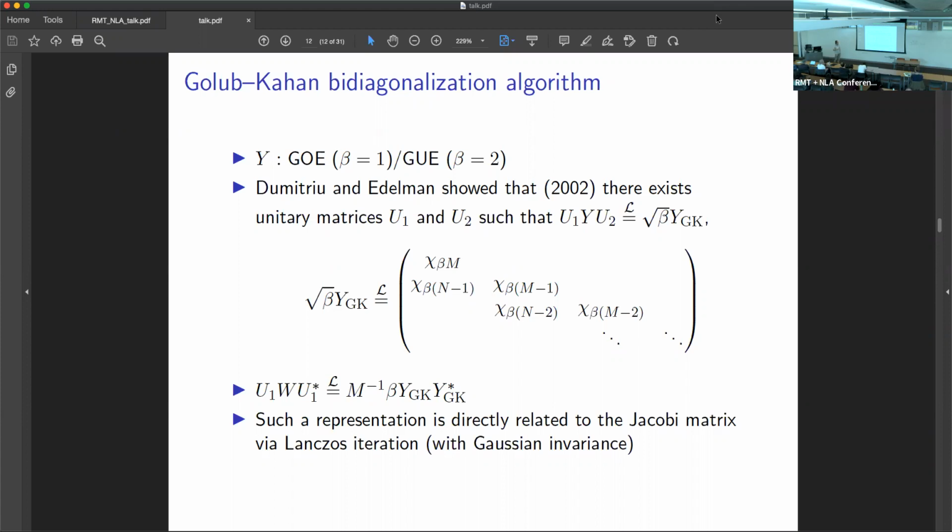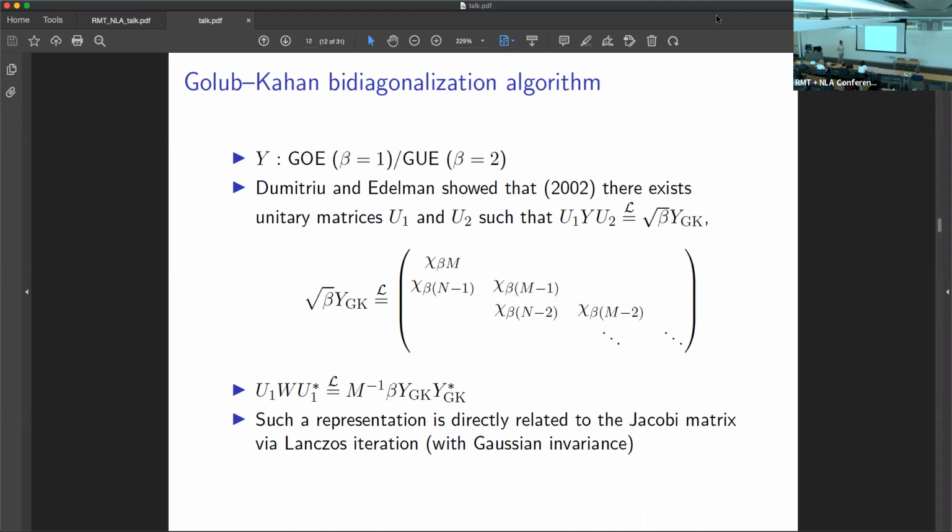bidiagonalization. So for these invariant ensembles, which were proposed by Alan and Joanna about 20 years ago, if you have a Gaussian matrix, where beta equals 1 is real and beta equals 2 is complex, you can always find two invariant matrices, U1 and U2, so that you have this very nice bidiagonal form, and all these entries are independent and chi-distributed.